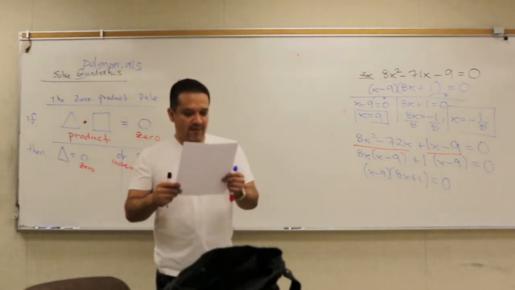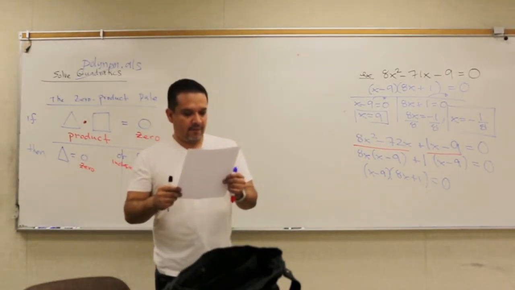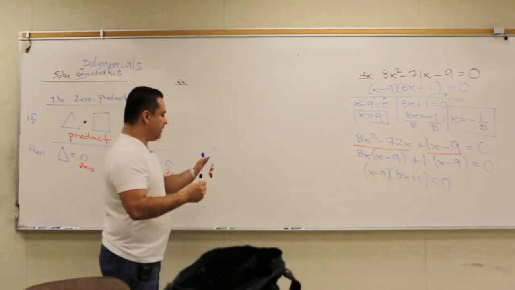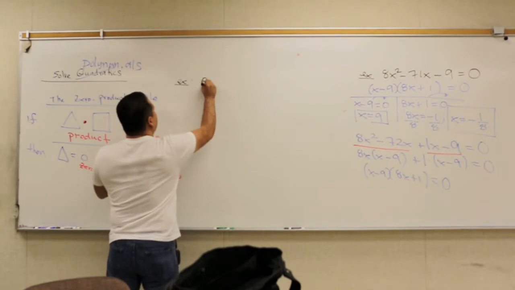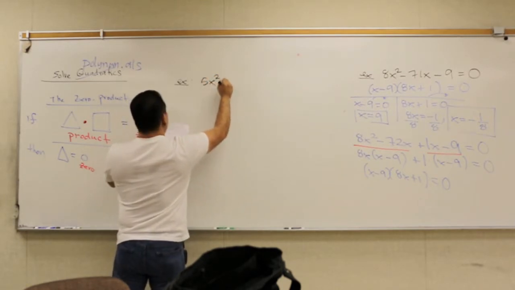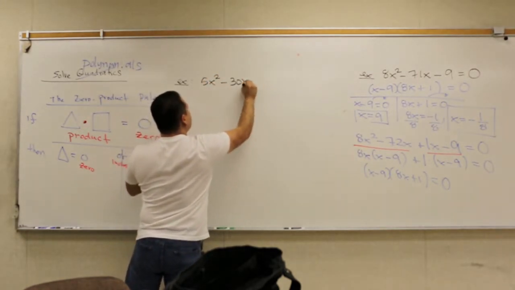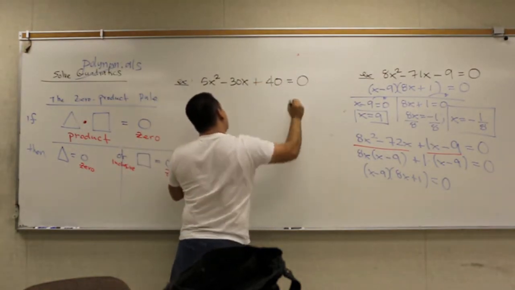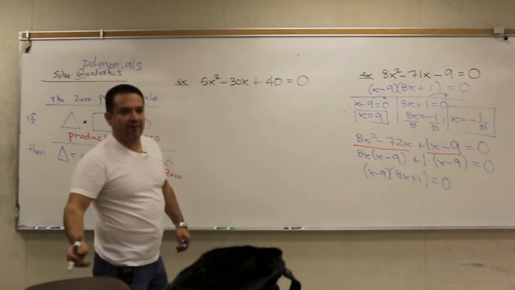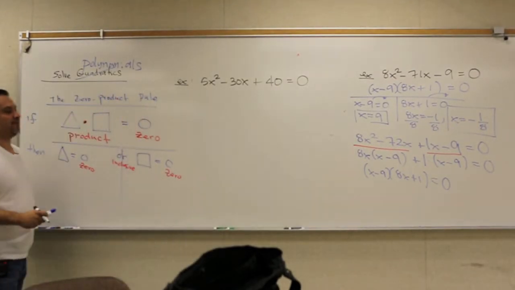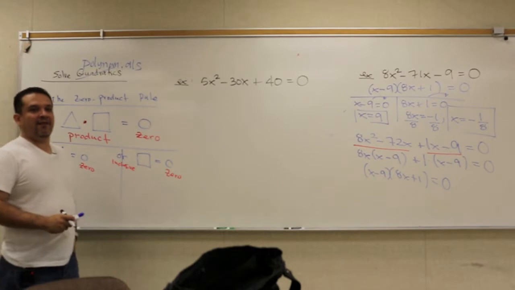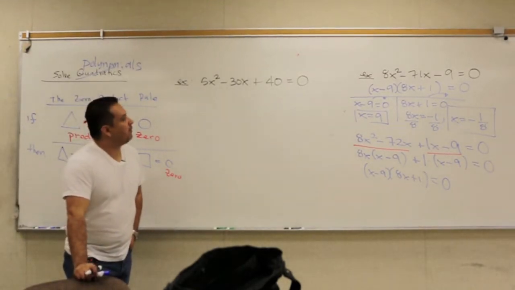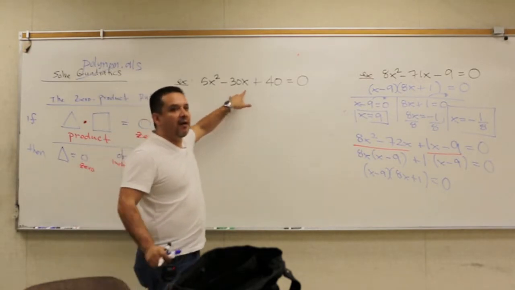Okay? How about this one? Let's try this out. 5x squared minus 30x plus 40 is 0. Okay, remember, this is a sum or difference. We have to write it as a product.